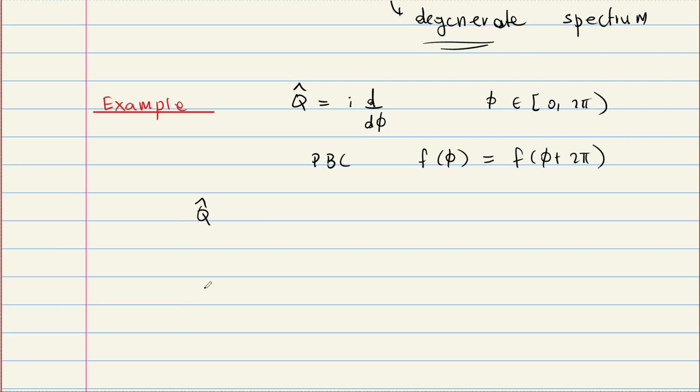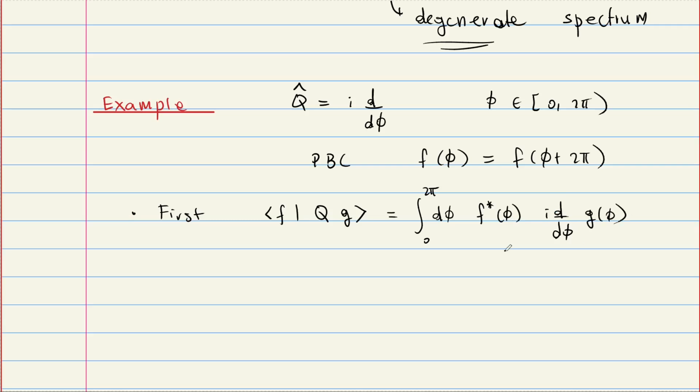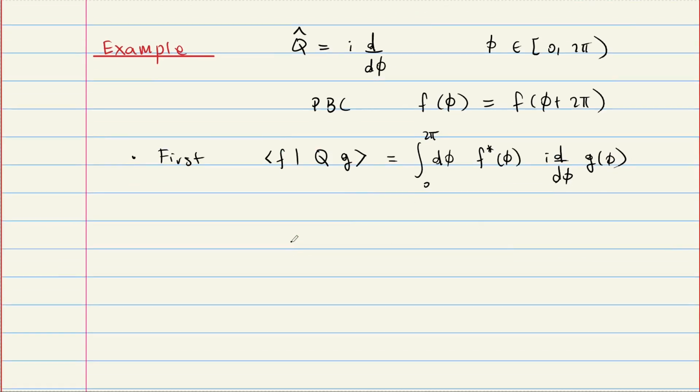Let me show this operator is Hermitian. So first, let me calculate on any functions f, g: integral d phi from 0 to 2 pi of f star of phi i d/dphi g of phi. I am going to do this by parts again, right?